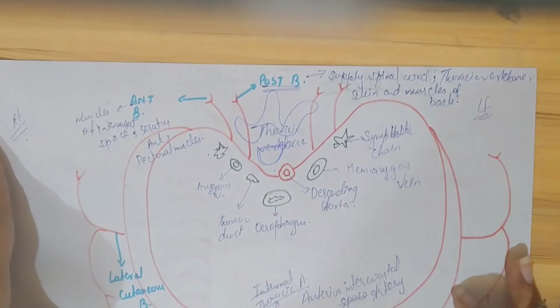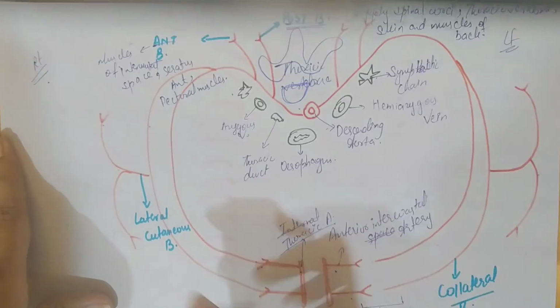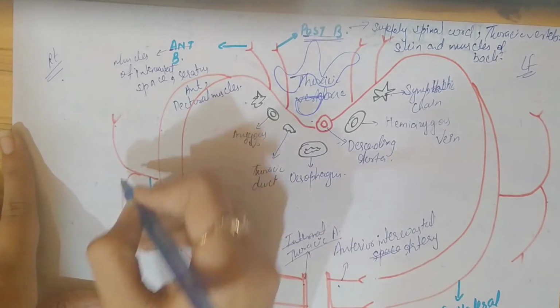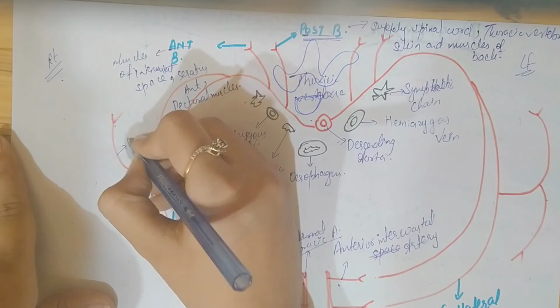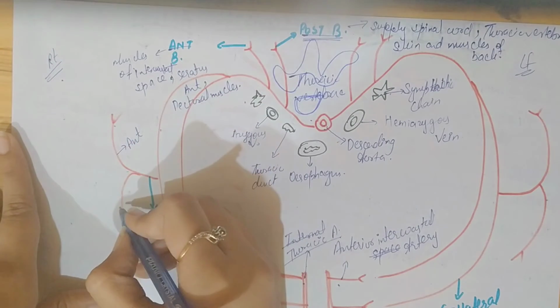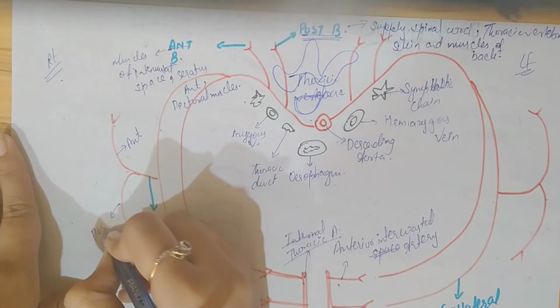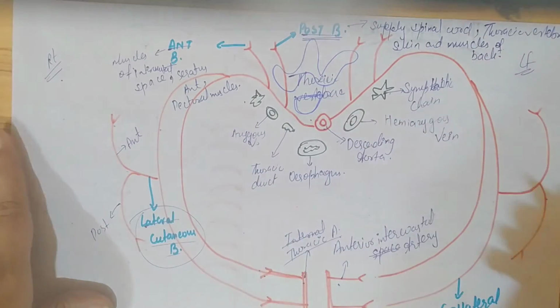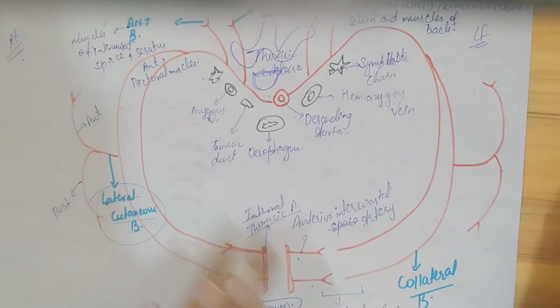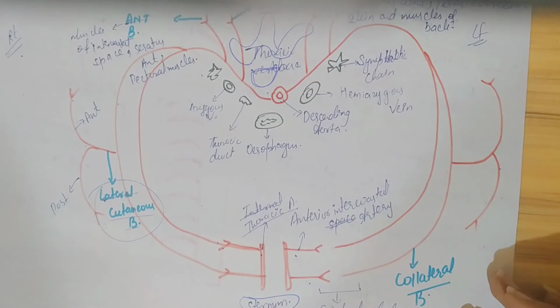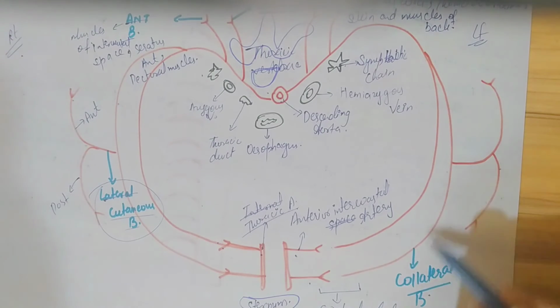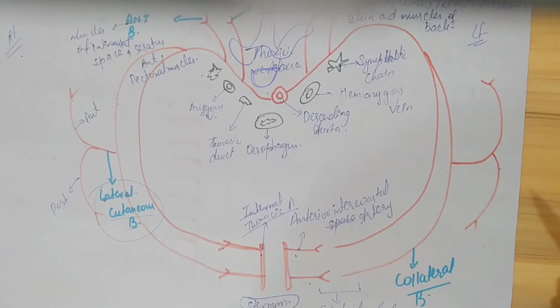Right? Then we have our lateral cutaneous branch that divides into the anterior and the posterior branch and supplies the intercostal space. Then we have the collateral branch. This collateral branch also helps in anastomosing with the anterior intercostal artery.